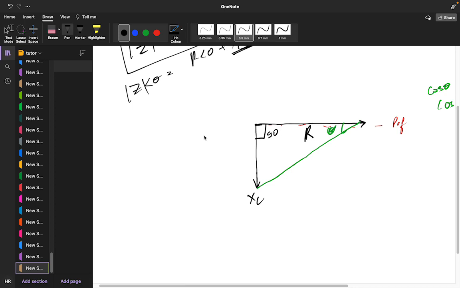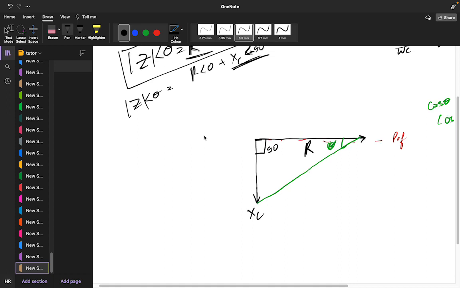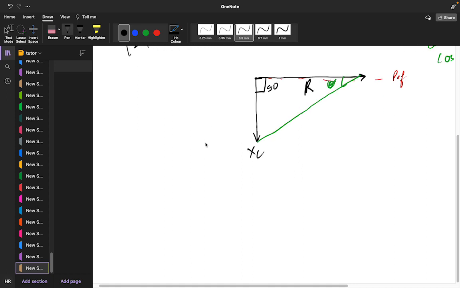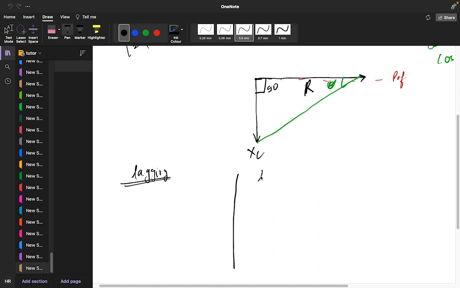Always remember this part. You have to check and say whether this is a lagging or leading load. Lagging and leading happen with respect to something.